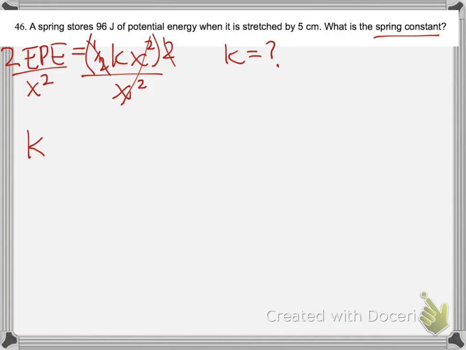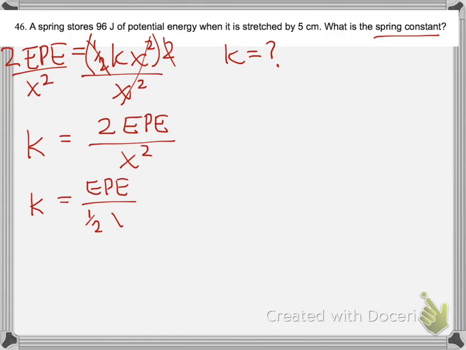And we will end up with the equation of k equals 2 times our elastic potential energy divided by x squared. Again, you have the alternate version of this equation, which would be k equals your elastic potential energy divided by half x squared. And again, it's not wrong, but this is the proper mathematical way to do it.